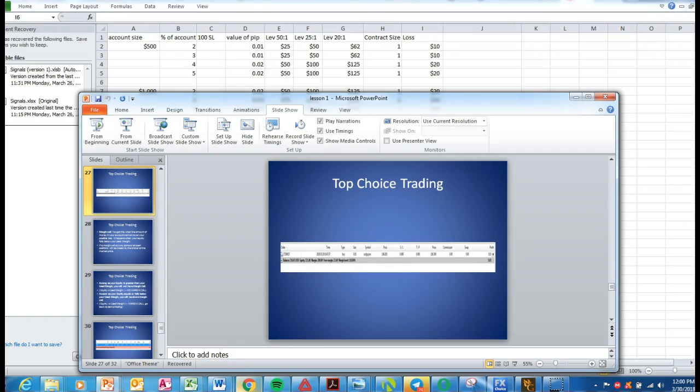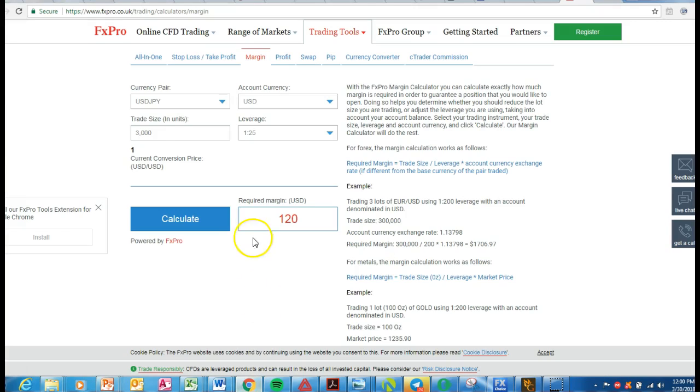The other thing you can do here, if you go to this site here, FX Pro, it gives you a margin calculator. You can put your pair in here. Now remember, a lot size if you trade in minis is 1,000 per 0.10. If you're trading 30 cents, then you would put 3,000 in here. If you're trading 50 cents, you would put 5,000 in here.